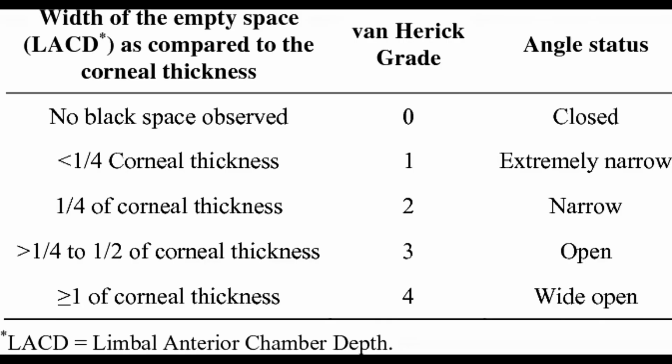Then, if it's above 1/4 to half of the corneal thickness, it is grade 3, and your patient's angle is open. Then, if the space between the iris and the cornea, that dark space, is the same width as your patient's cornea, that is grade 4, and your patient's angle is wide open. Or if that space is even slightly bigger than the corneal thickness, that is also grade 4. Your patient's angle is also wide open.